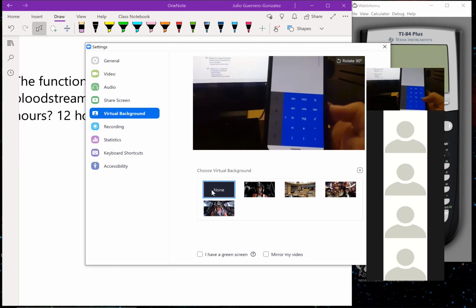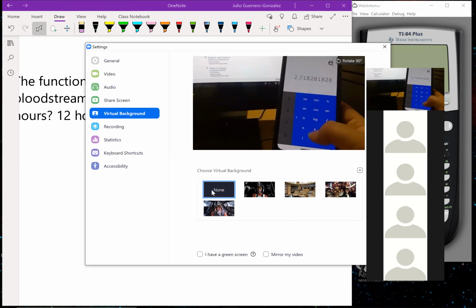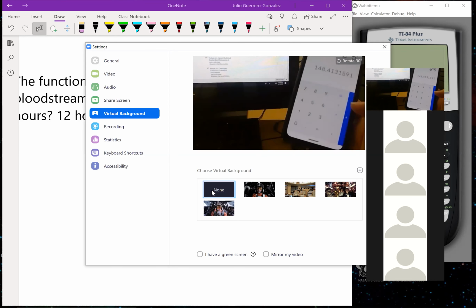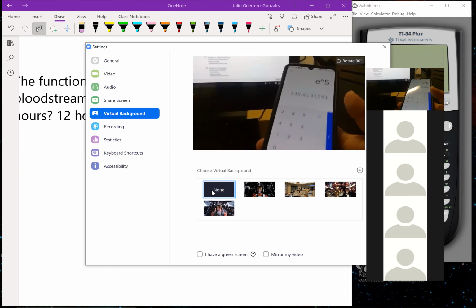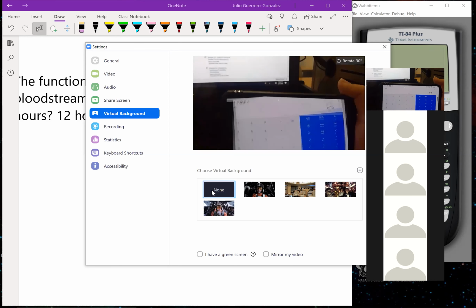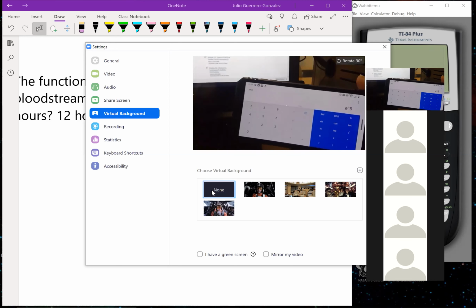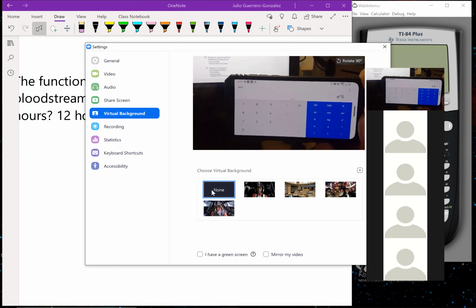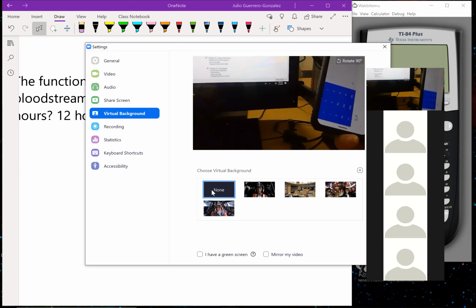For me, it has that little bar. It has the value right there. So e to the. Like I said, for phones, if you rotate it, it sometimes gives you some advanced buttons that you can use. Okay. Got it? Yeah.